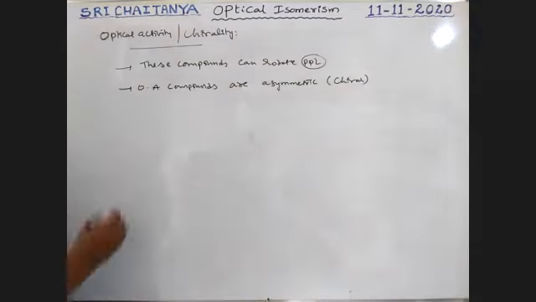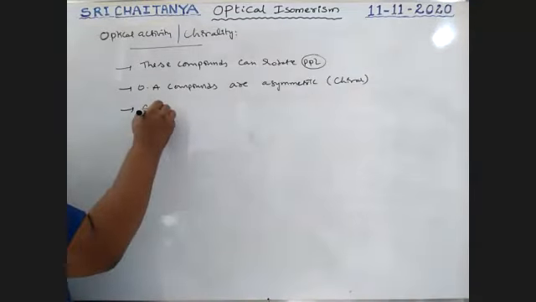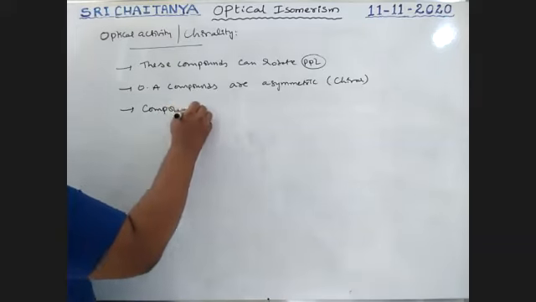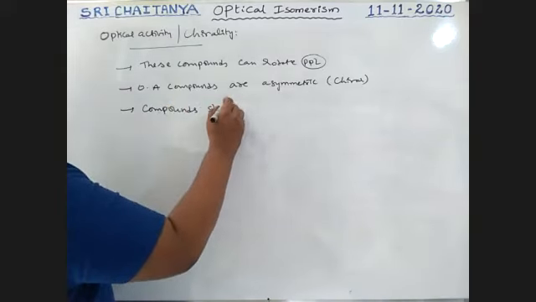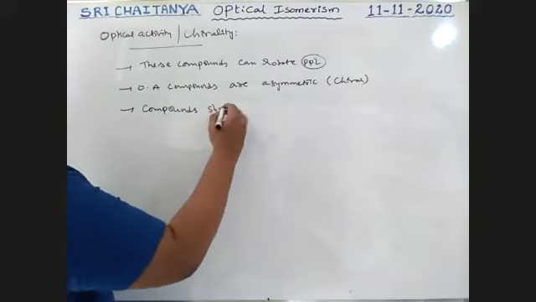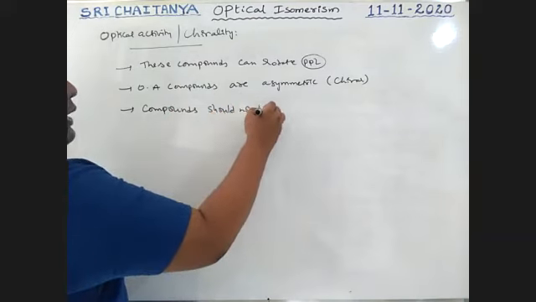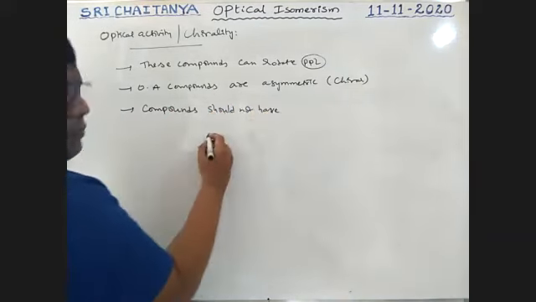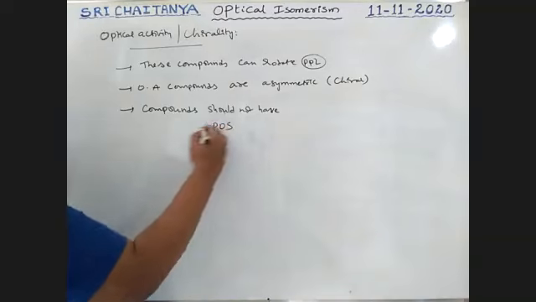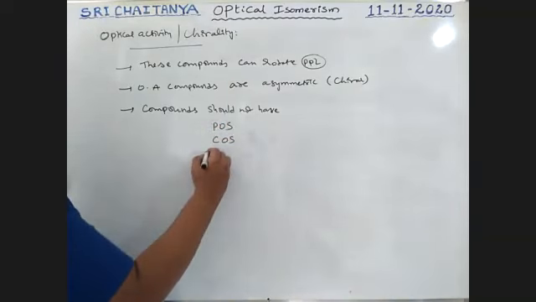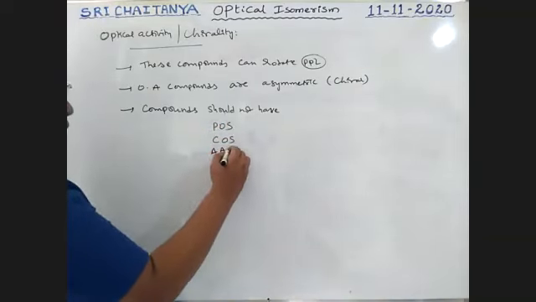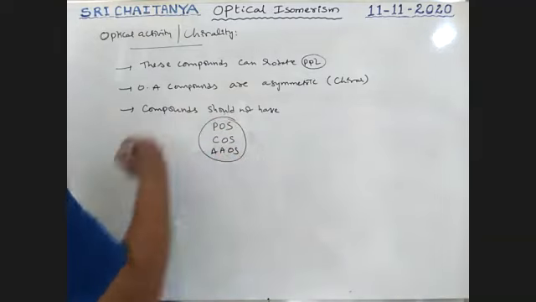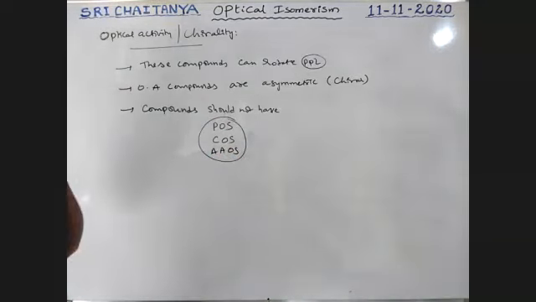Next, compounds should not have, as we completed the first day, yesterday, a plane of symmetry, center of symmetry, or alternating axis of symmetry.